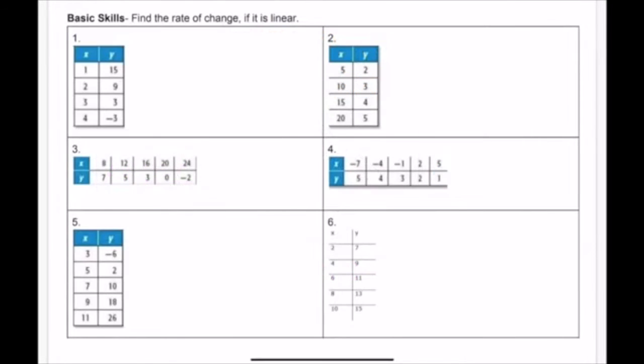We're going to start with looking at tables to get down the basic skills of finding the change in y over the change in x. We're going to find these rates of change if they are linear in each table, and we'll talk about what linear means in just a second. Starting with number 1, we want to know the change in y compared to the change in x.